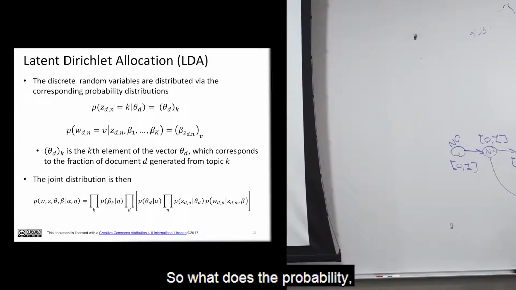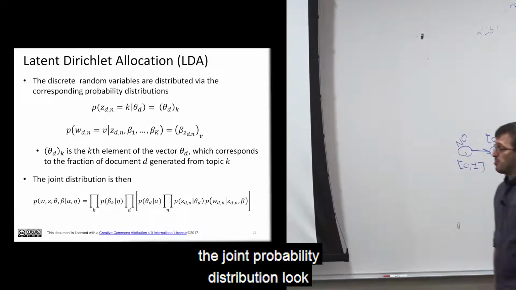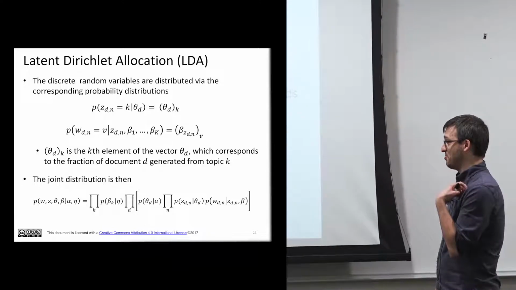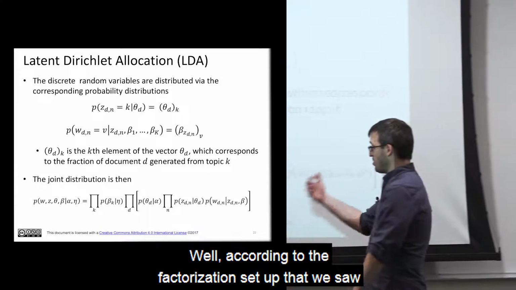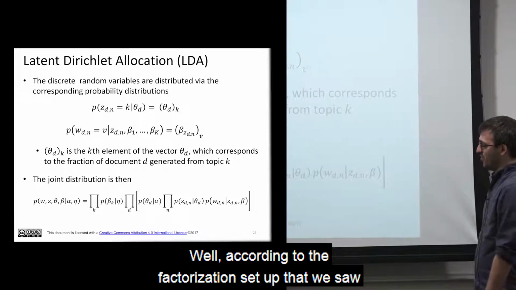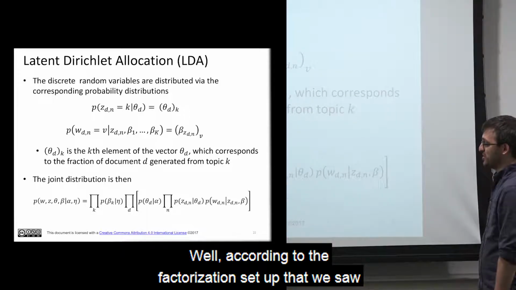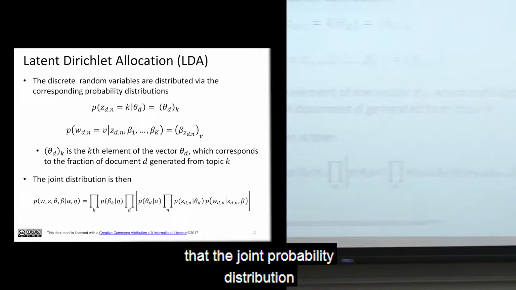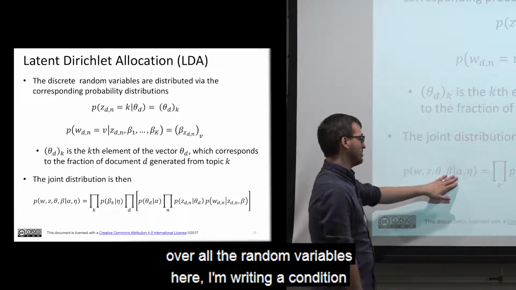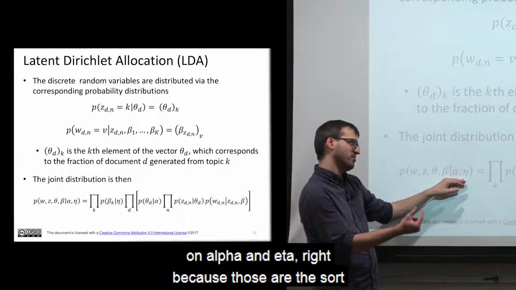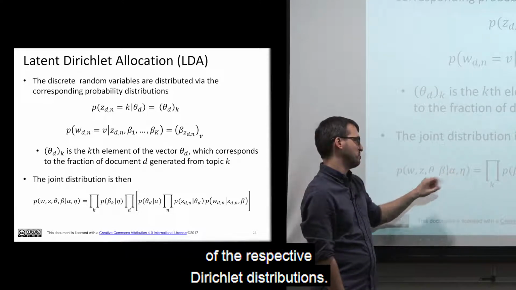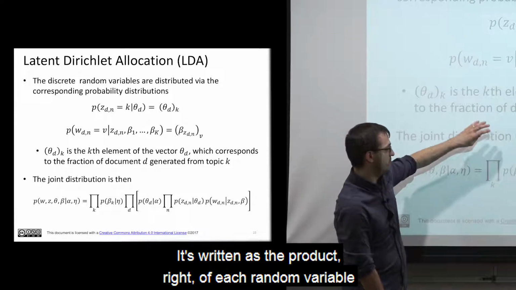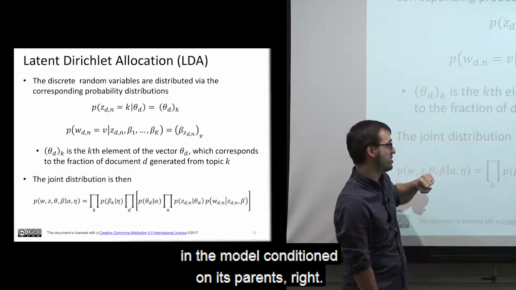So what does the joint probability distribution look like for this Bayesian network? Well, according to the factorization setup that we saw in the morning lecture, we know that the joint probability distribution over all the random variables, here I'm writing it conditioned on alpha and eta, because those are the parameters of the respective Dirichlet distributions, is written as the product of each random variable in the model conditioned on its parents.